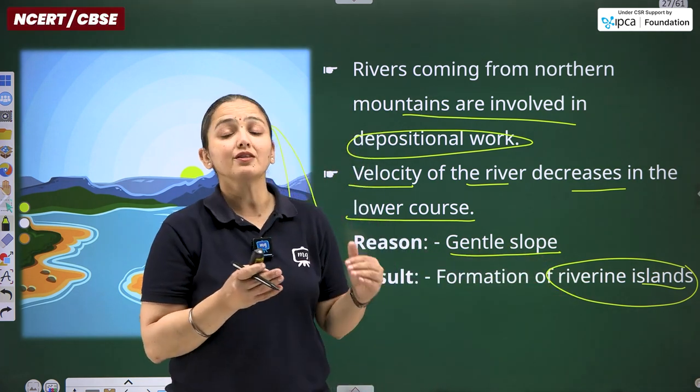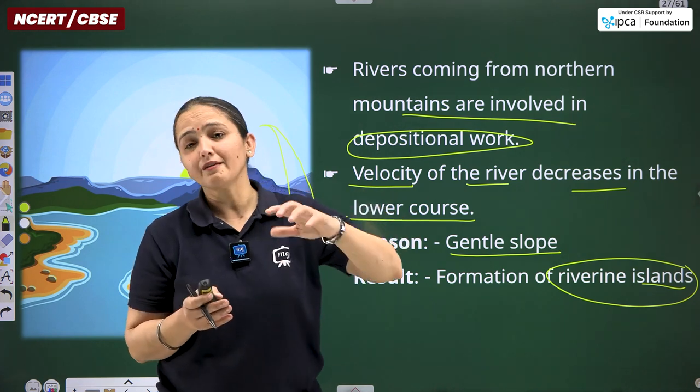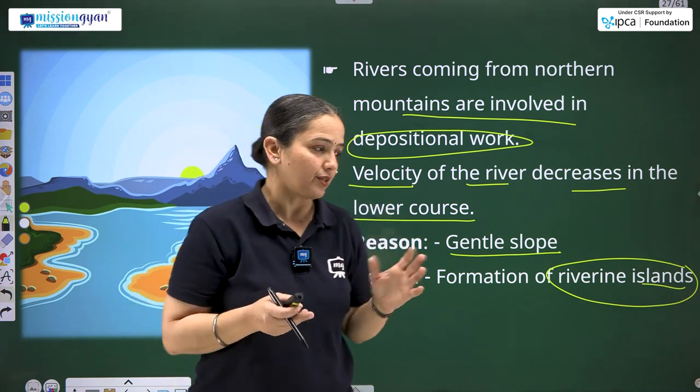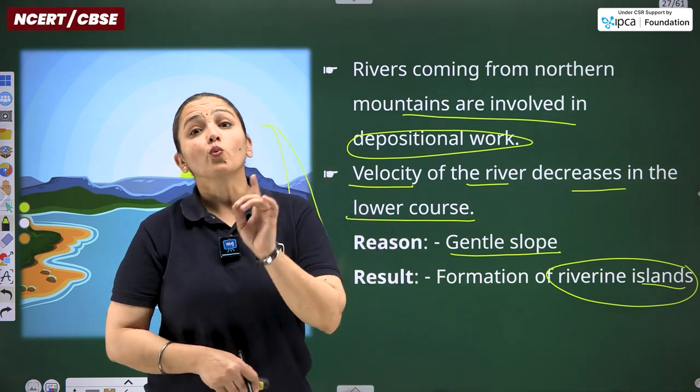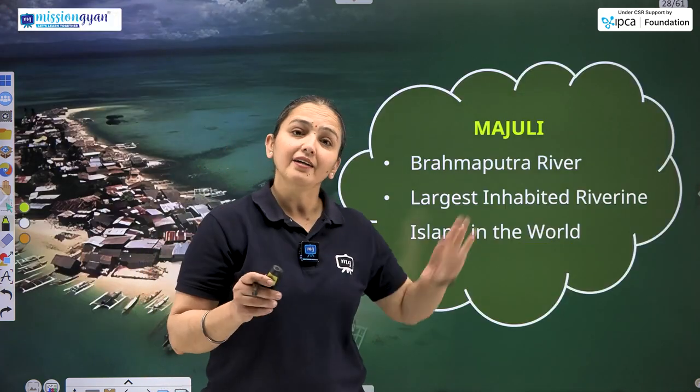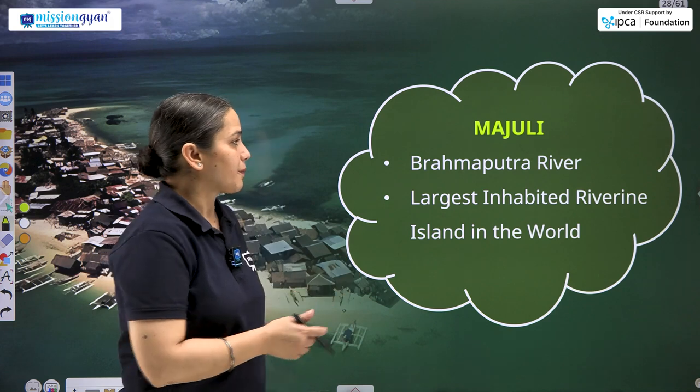So that is to be considered for riverine islands, and there is only one riverine island in India, and this is the information related to that.